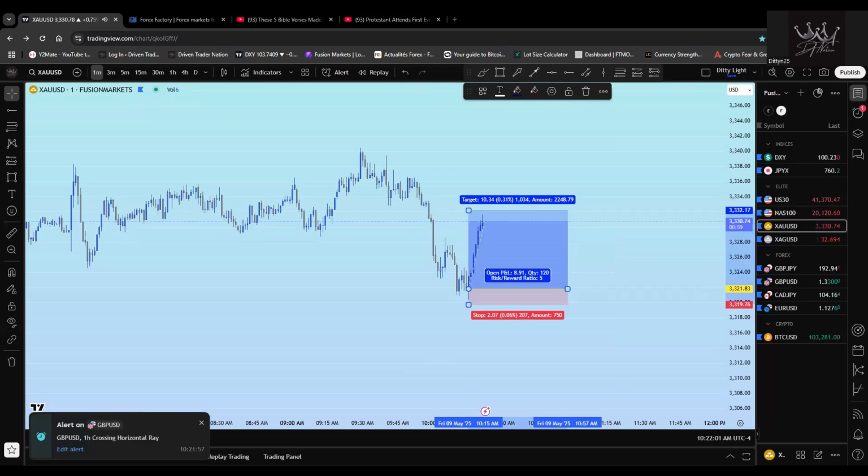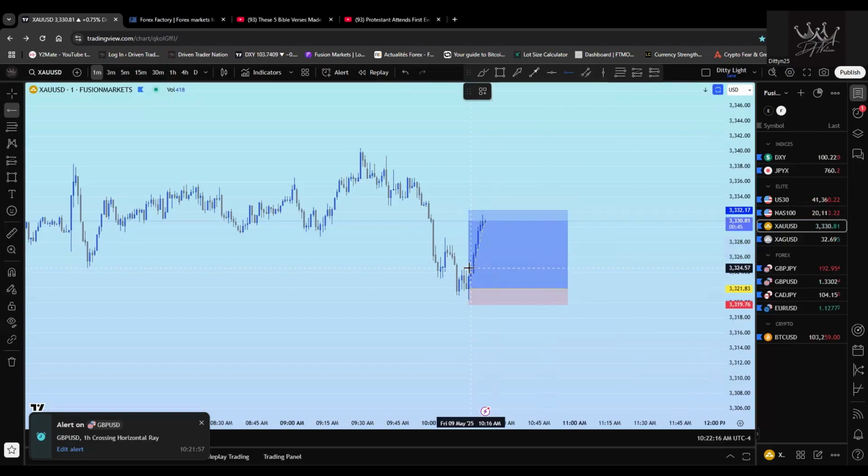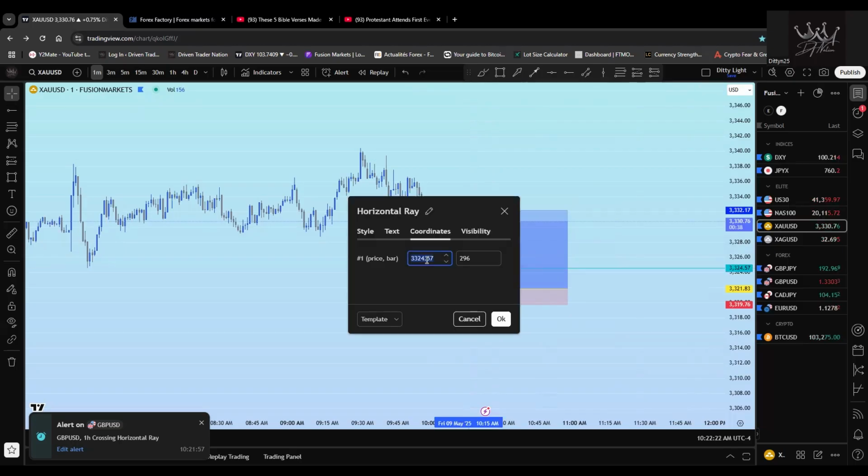What's happening in the market? 32.17. So I'm just gonna look at my previous TP here. One at 33.26, 134.